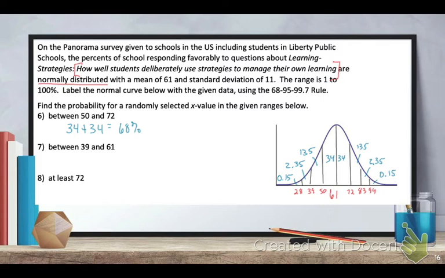Between 39 and 61 would be 34 and 13.5, or a 47.5% chance, and at least 72 would be 13.5, 2 and 35 hundredths plus 15 hundredths for a total of a 16% chance that a score, or percent, would end up at least 72 in that particular survey.